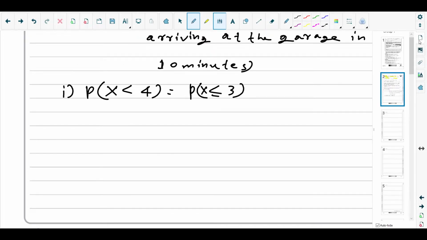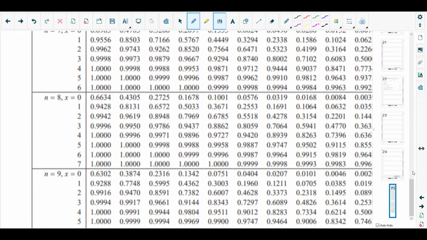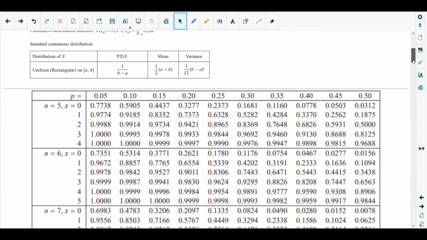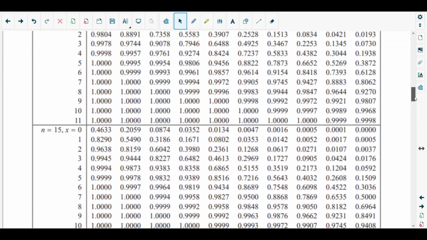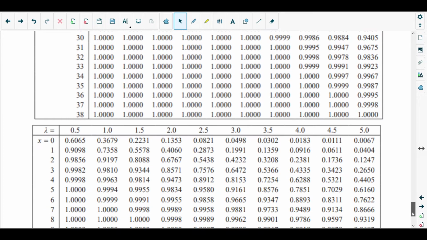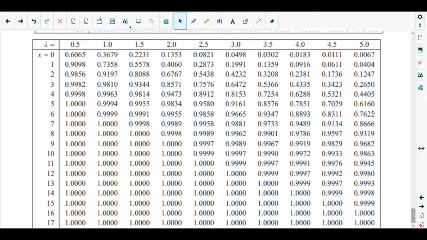Let me show you. I have a copy of this formula booklet. Here it is. At first, from your formula booklet, you need to go to the Poisson distribution table. This is binomial; you will go to Poisson distribution. This is for Poisson distribution.